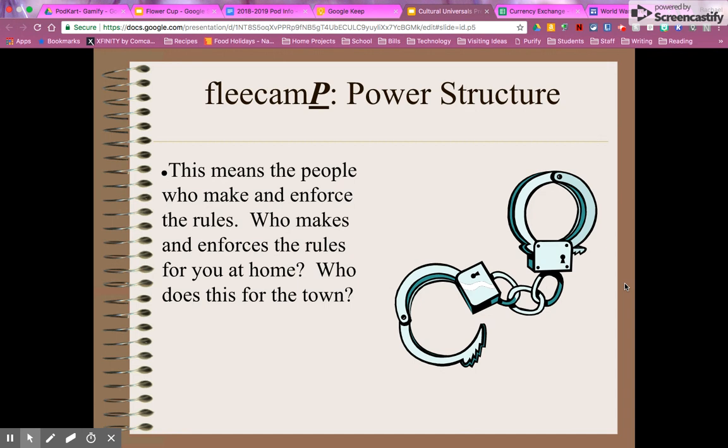P, power structure. So this means people who make and enforce rules. So it could actually be you sometimes if you babysit. So you would be in charge of helping make sure someone eats breakfast or brushes their teeth or goes to bed at the correct time. Who else is a power structure in your life? So think about school or home, or who does this in a town or a city.